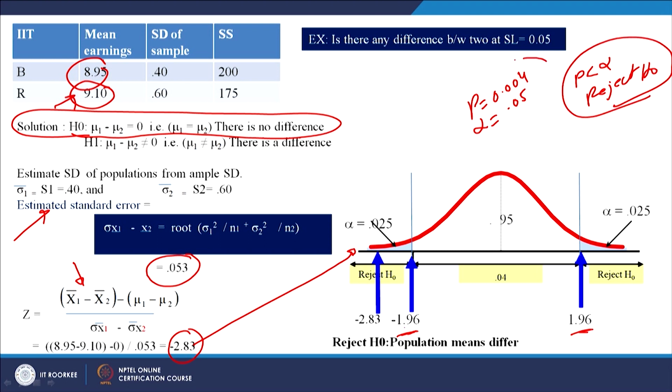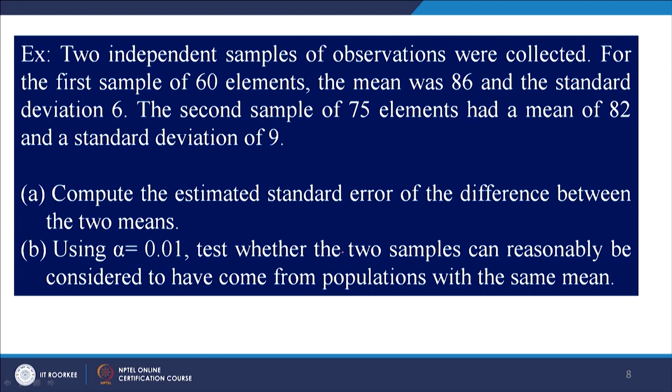This is the conclusion we are drawing from the probability value approach, and this was the result using the critical value approach, right. Results are the same, right. So, you can work out an example like this using Minitab as well and you will get the same answer, right. So, let us look at one more question.